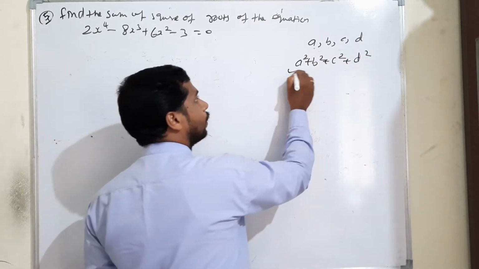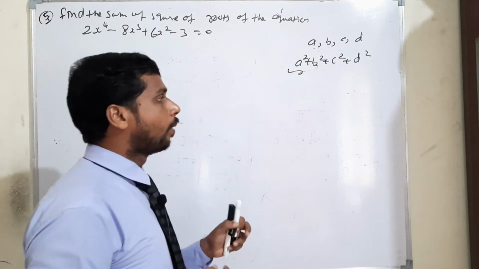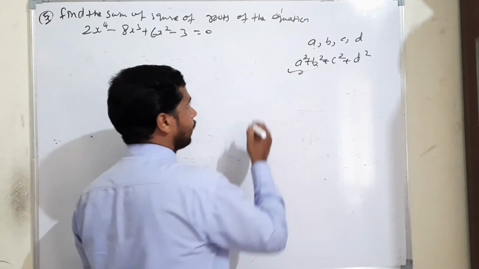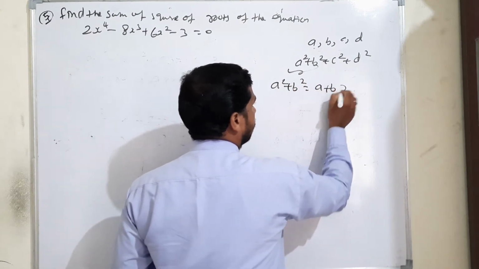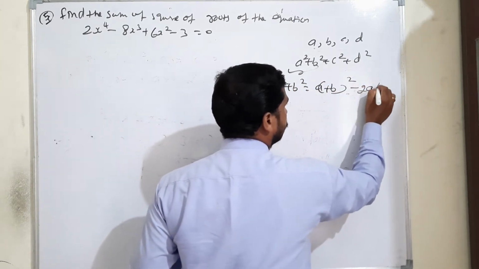Already we have applied this in so many problems. a square plus b square means (a plus b) the whole square minus 2ab.